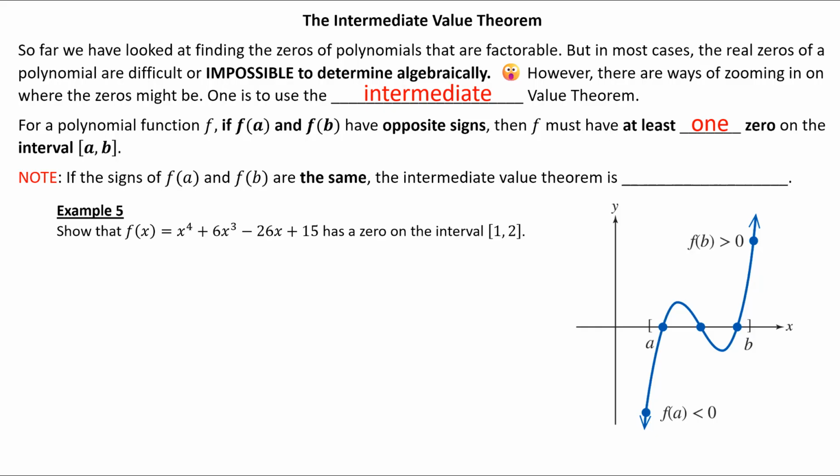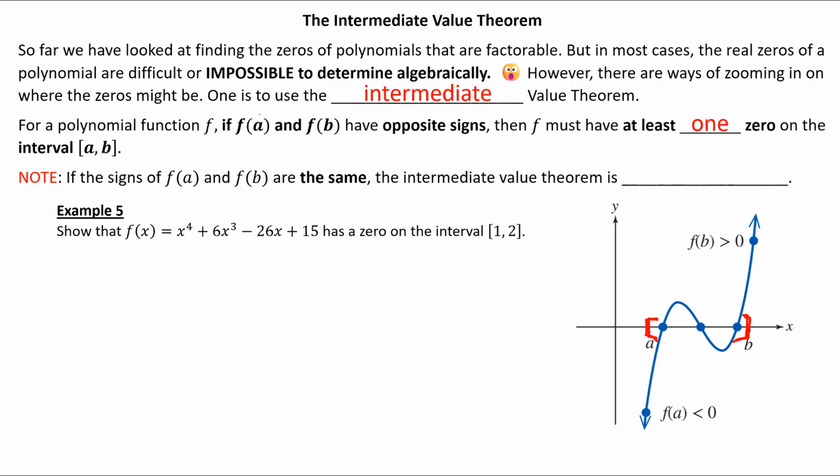And here's how it's going to work. If you have some interval on your x-axis from a to b, say from 5 to 10, and you want to know, pretend there's no curve there, does my function cross the x-axis somewhere on this interval? The intermediate value theorem can help you somewhat.